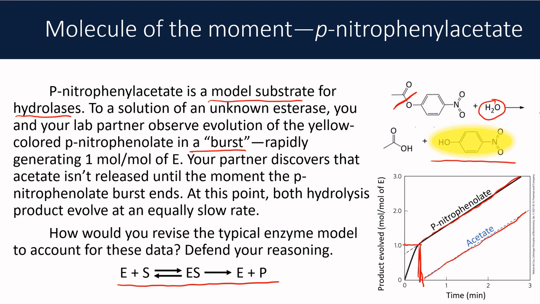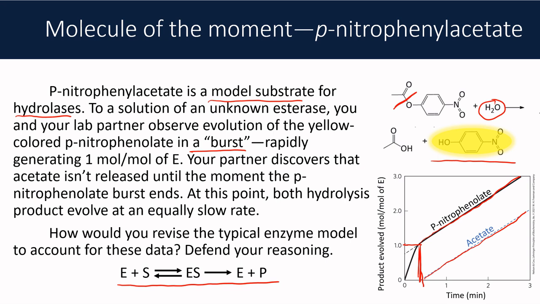So my question to you is, how would you revise the typical enzyme model described below to account for these new data? And I want you to defend your reasoning. I also want to assure you that this is a highly open-ended question. There are many right answers to this. There are also many wrong answers.